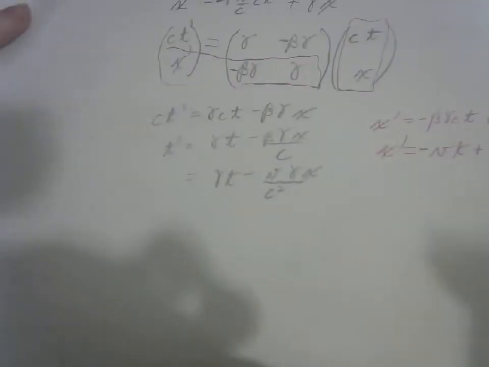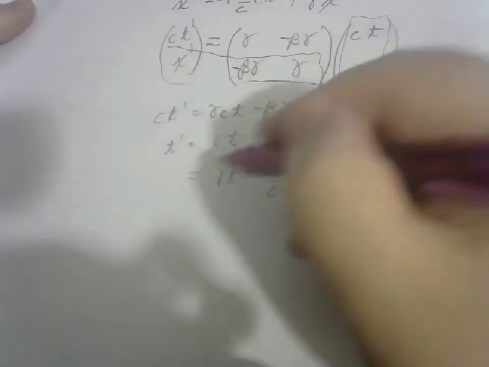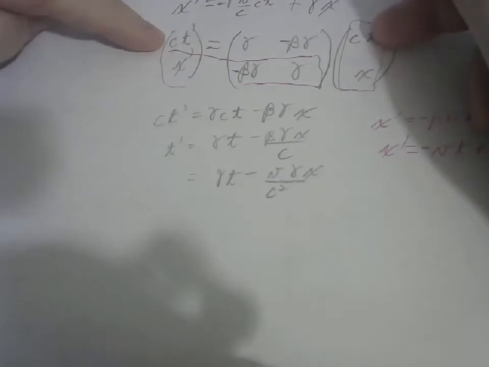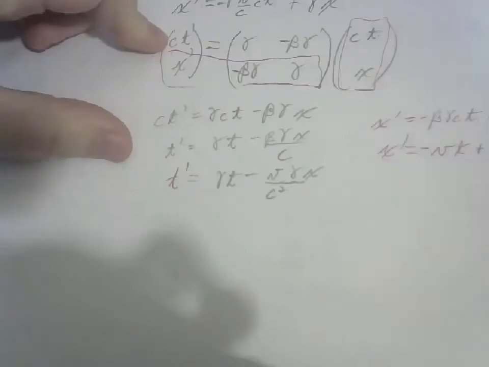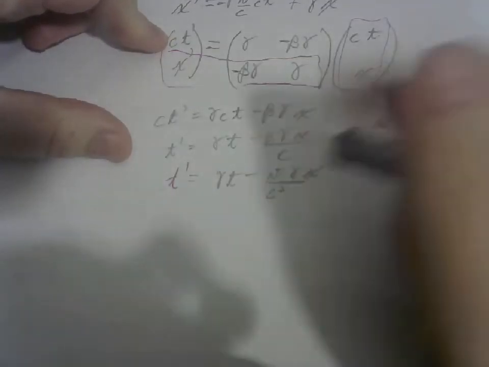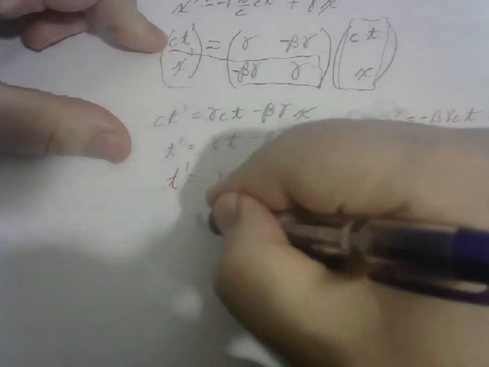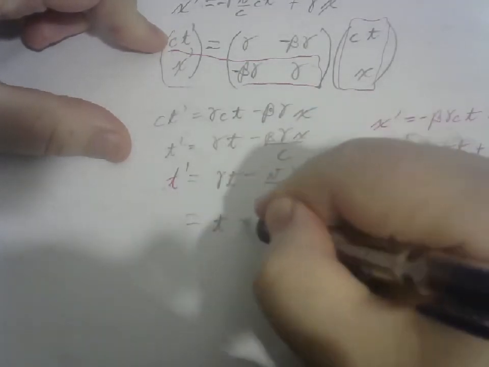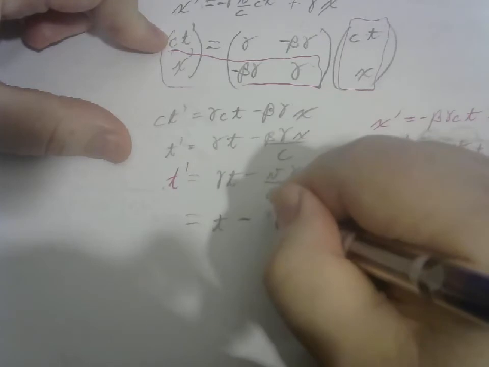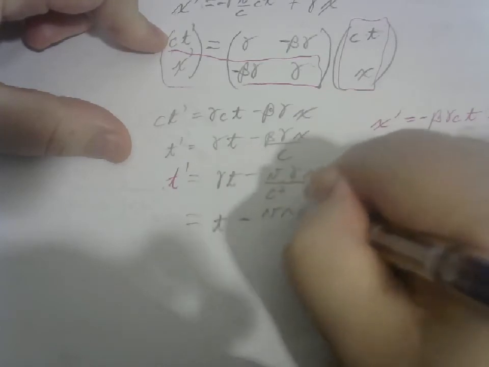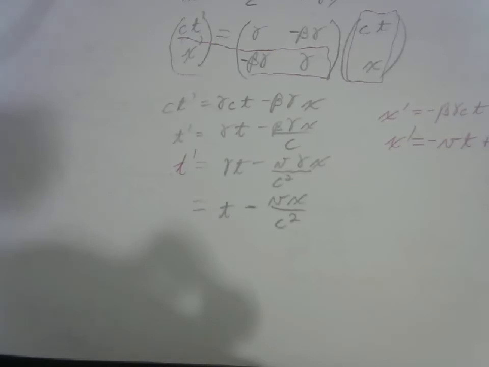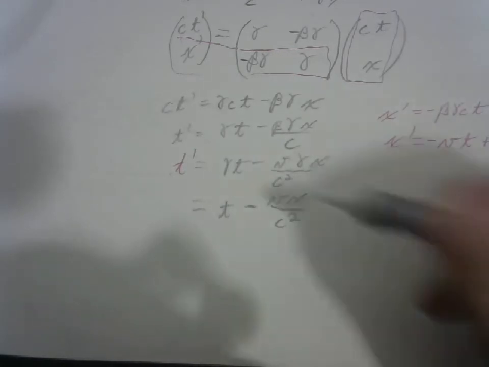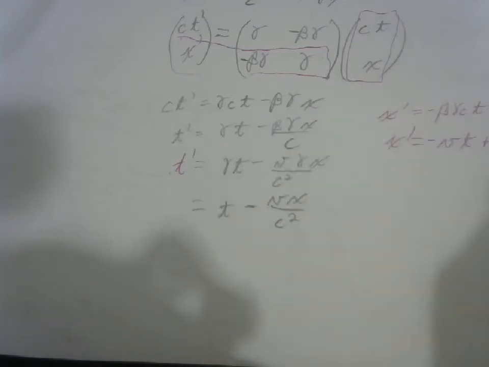However, he points out that for t prime, which I did already, when you reduce gamma to 1, it comes out to be t minus v x over c squared. Setting gamma equal to 1 does not make this cancel out.